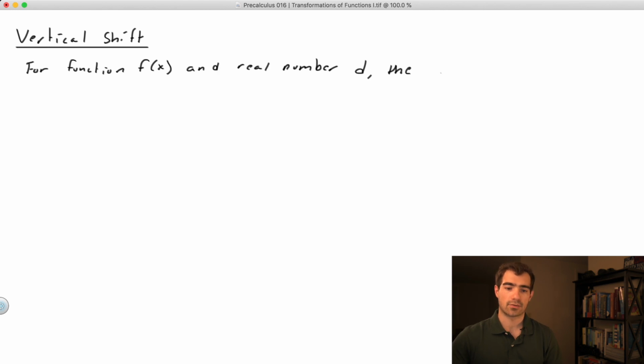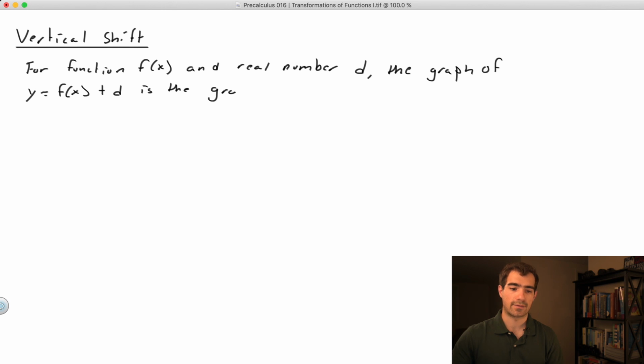We can say that the graph of y is equal to f of x plus d, so adding that number to the output of our function, is the same as the graph of f of x shifted vertically by d units. And depending on whether d is a positive or a negative number will tell us whether this shifts up or down.